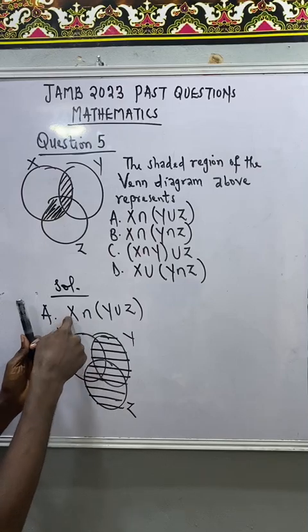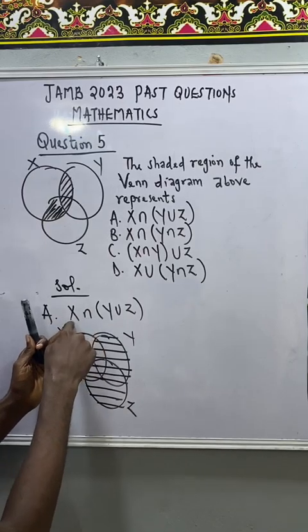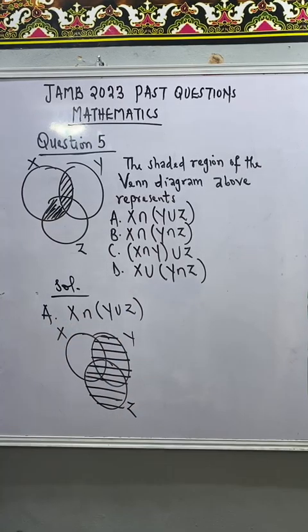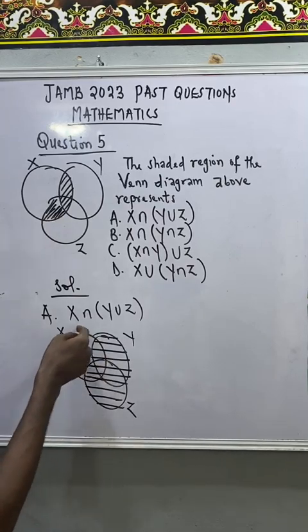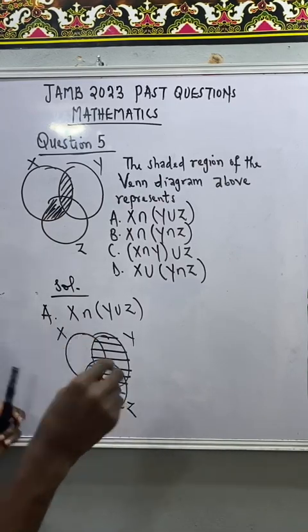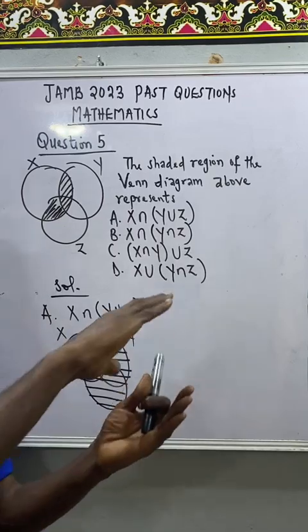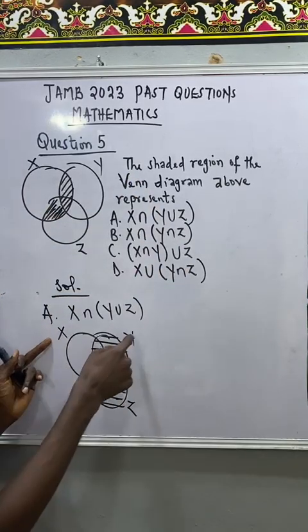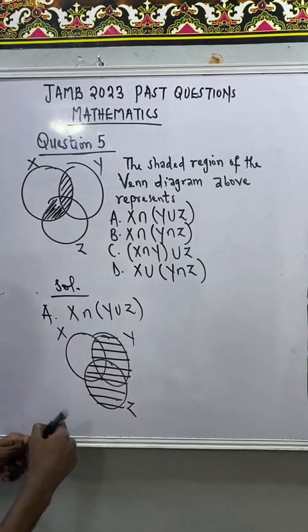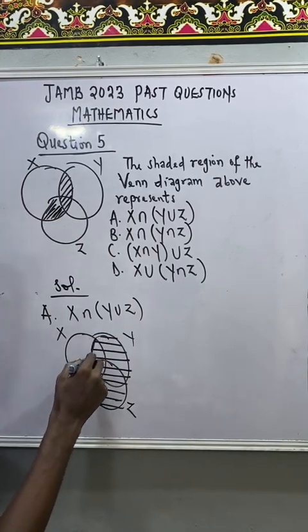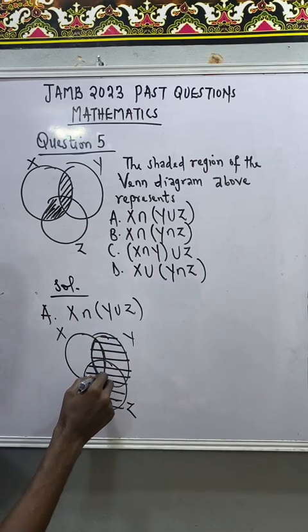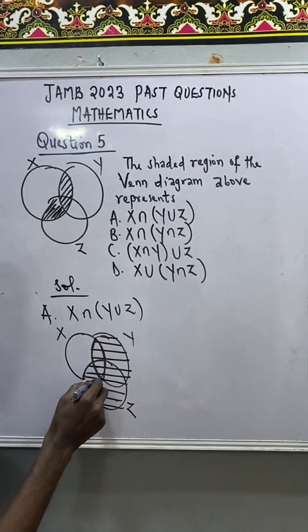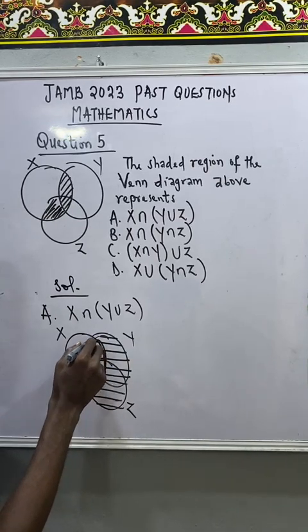Now we need the intersection of X with Y union Z. This is where we have X. Intersection means where they both meet. What is common to both X and Y union Z? If you look at this, it is only this region that is common.